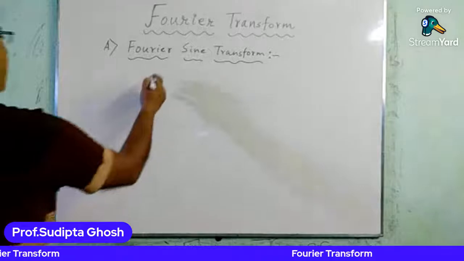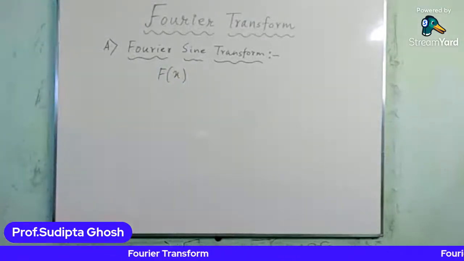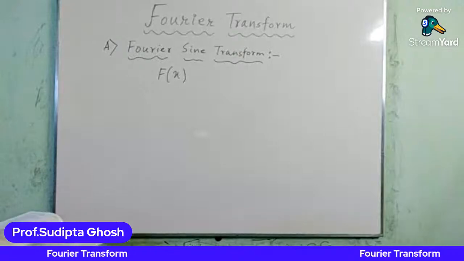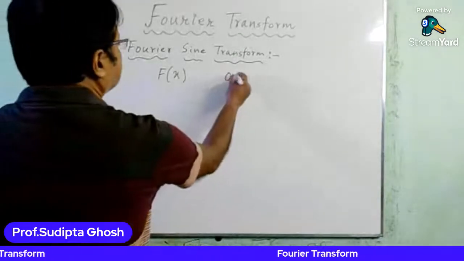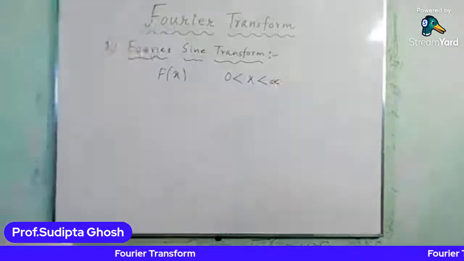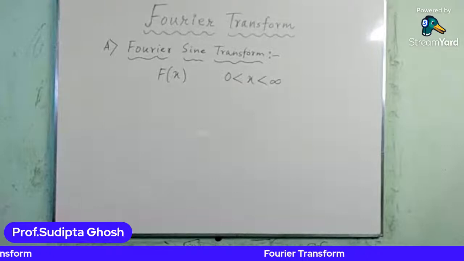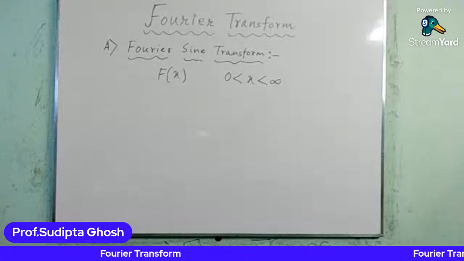Let a function f(x) be defined such that x lies between 0 to infinity. So this is the infinite Fourier sine transformation, the first part.